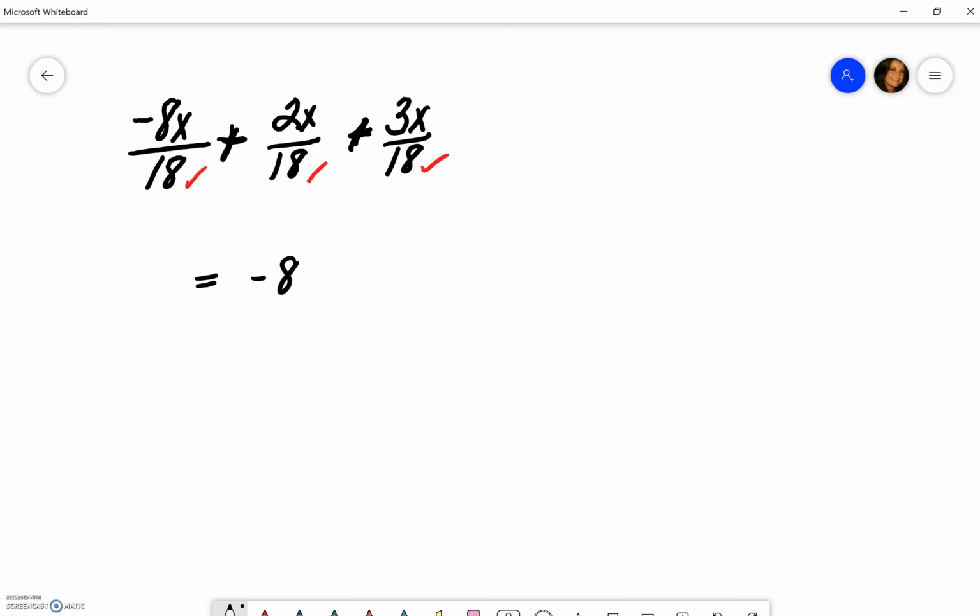So I'm going to rewrite it as -8x plus 2x plus 3x all over 18. Now, I start looking at these. I'm like, okay, so these are all like terms. I can go ahead and add all of those because they all have the variable x to the first power. Remember, when there is no exponent, we understand that it's x to the first power. So they're all the same.